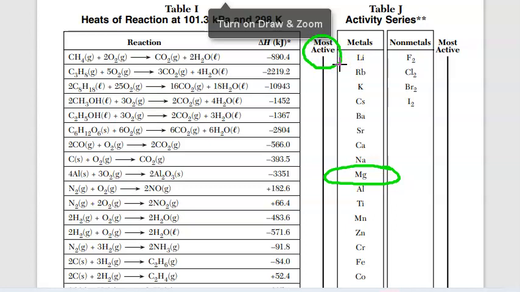If I'm looking for something that is more active or reactive than magnesium, it's going to be any of these metals above. Real simple. You could have picked any of those and the answer would be correct. And what does that mean? Metals, remember, are losers. They want to lose electrons. While magnesium wants to lose its 2 valence electrons, anything above it wants to lose them even more.